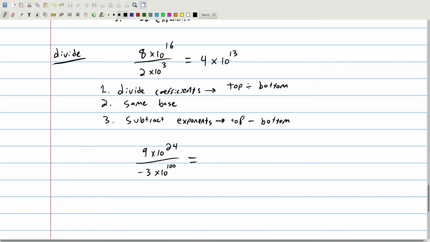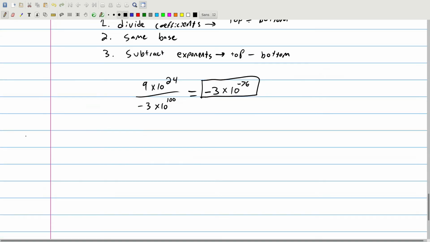What is 9 divided by negative 3? Well, that would be negative 3 times 10. What is 24 minus 100? Well, that would be negative 76. So negative 3 times 10 to the negative 76.